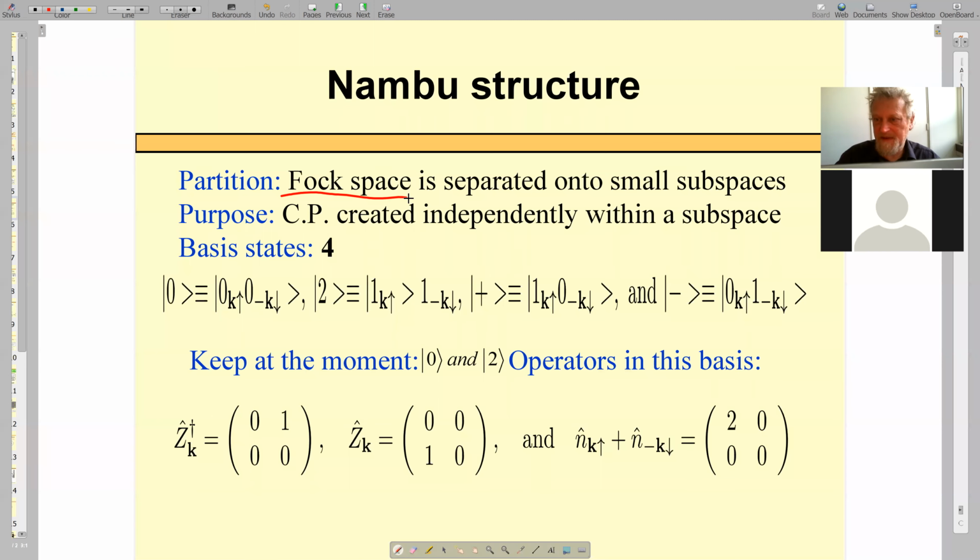I will call this subspace a number box. So what are the states within each box? Well, we have states with no particles at these two levels, k and minus k, with opposite spins. There's a possibility to have two particles.